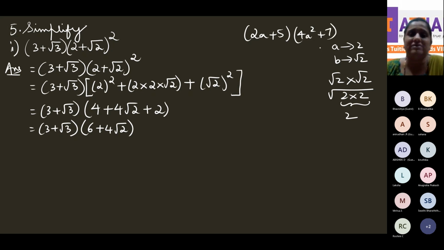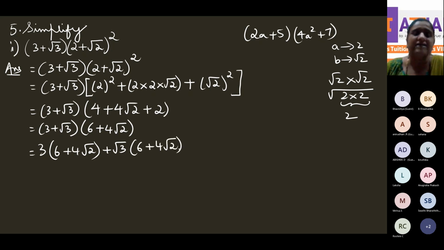So how do you multiply? The first term 3 multiplied by the second bracket 6 plus 4 root 2. Then the second term plus root 3 multiplied with the second bracket 6 plus 4 root 2. Exactly like we multiply a binomial with another binomial. Binomial is an expression having two terms.